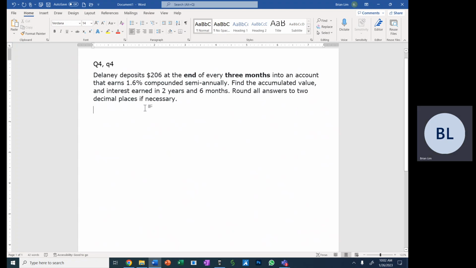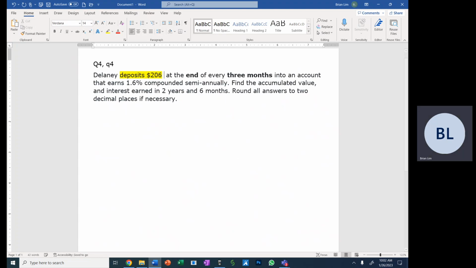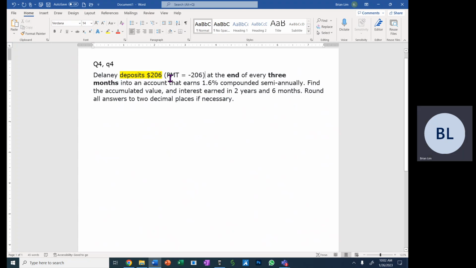All right, so let's go. So what we need to look at is the deposit. So there's the deposit, $206. And that would be the payment. So the payment is equal to, and we can put it in as negative because the money is going out. You may want to use a negative value if you so wish.